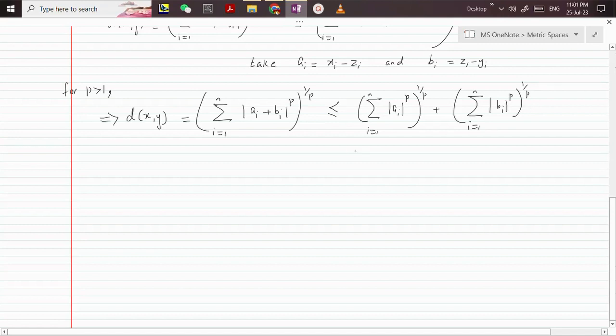Why? Because using Minkowski's inequality, this number is less than or equal to this one.